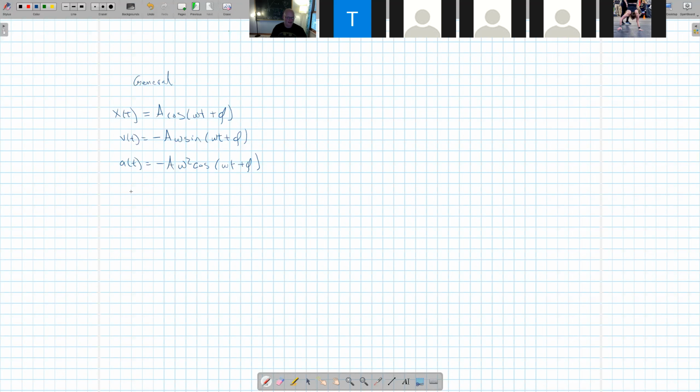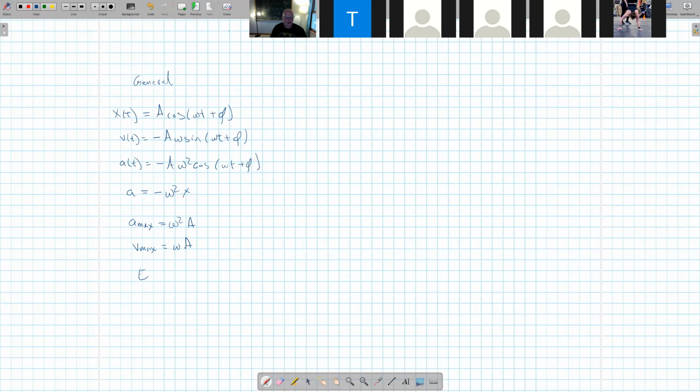We know that the acceleration is equal to negative omega squared times x. We know that the maximum acceleration is equal to omega squared times the amplitude. We know the maximum velocity is equal to omega times the amplitude.